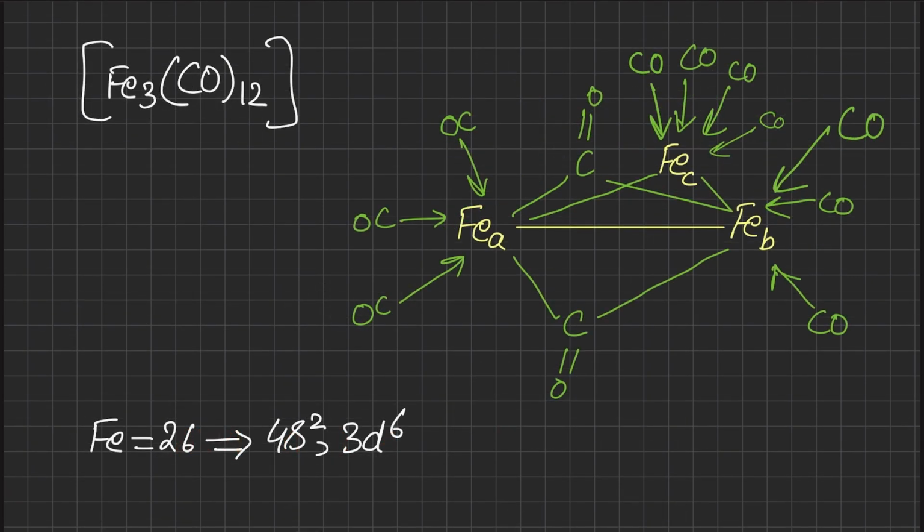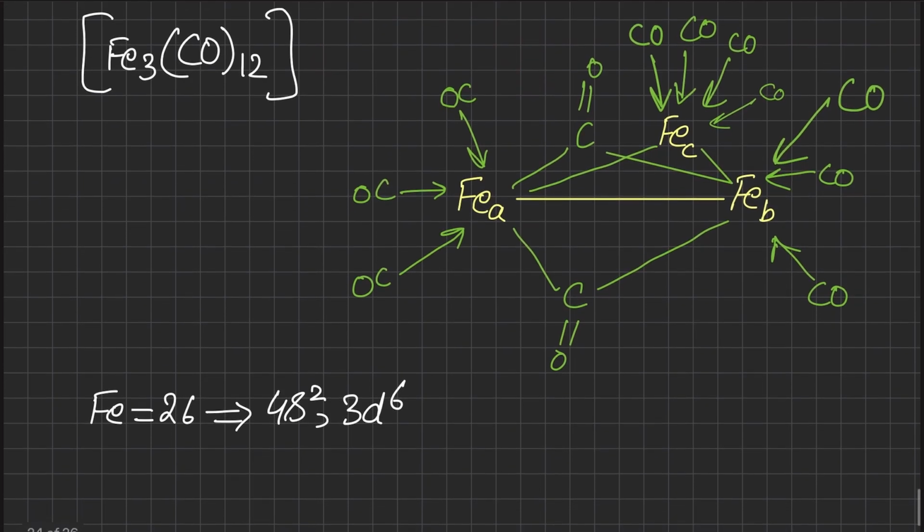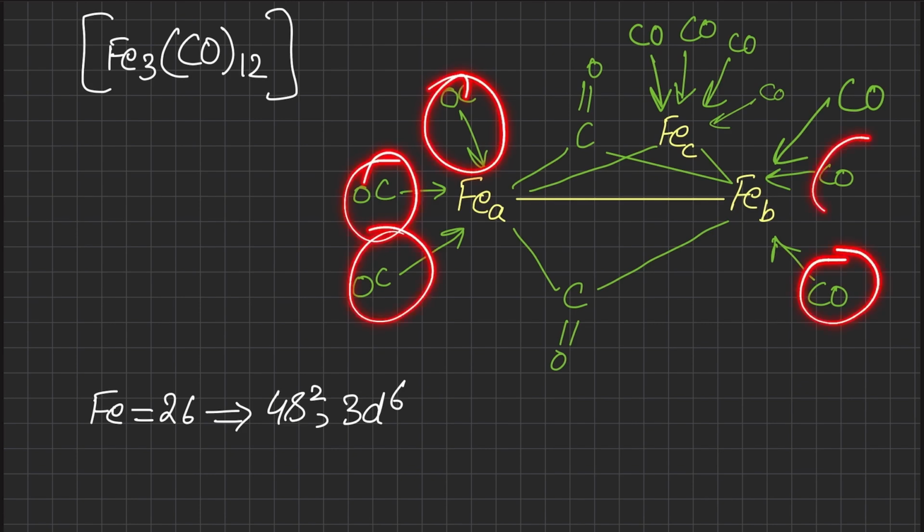Now the next example is dodecacarbonyl triiron, or Fe3CO12. So this is the actual geometry of this complex. Again, now there are three iron atoms that have been attached with each other through metal sigma bonds, and with each iron atom, like with iron A and B, there are three carbonyl molecules attached.